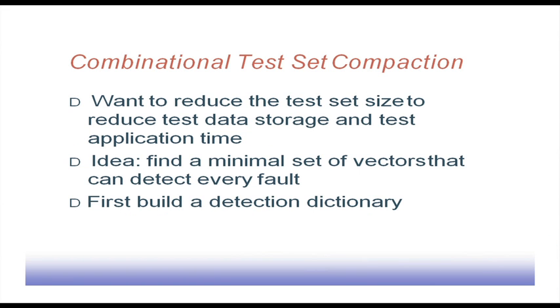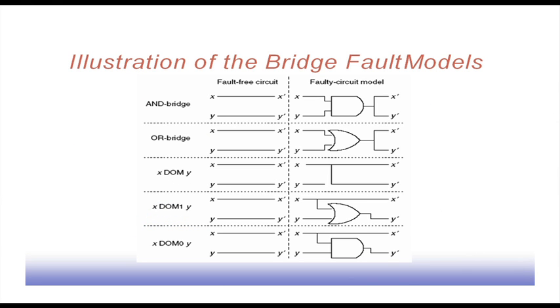Like this AND bridging, for others also I think you can understand what to do. For this OR bridging also we have to do this stuck-at-1 type of thing. Similarly, for x dominance y, we can put x to some value and y to some value, and we modify the circuit so that this line is coming.